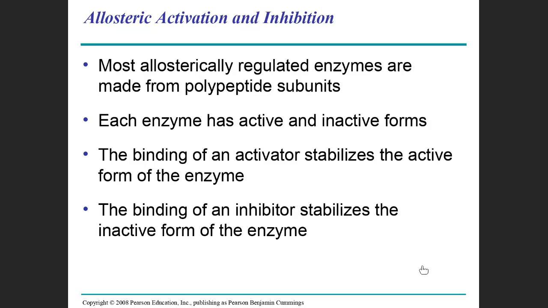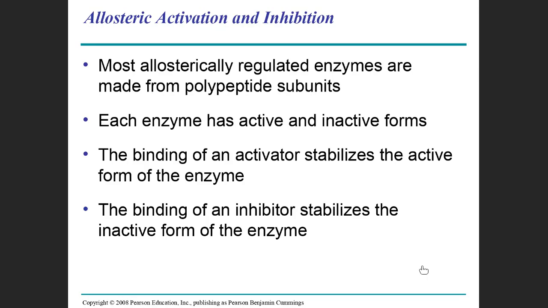So most of the allosterically regulated enzymes are made up of multiple subunits. What level of protein structure is that, where you have multiple subunits? Well, right, the quaternary level of structure.